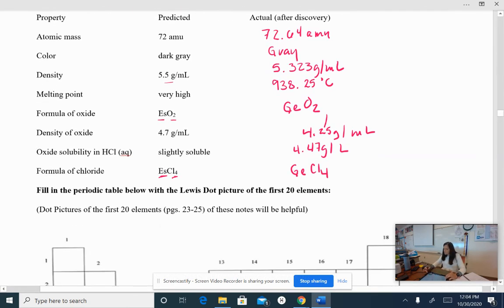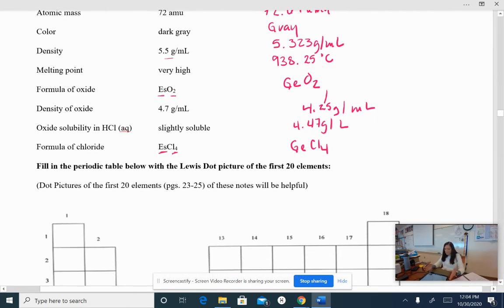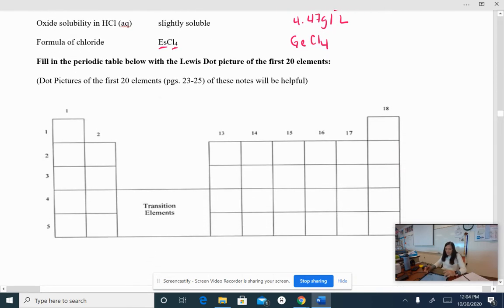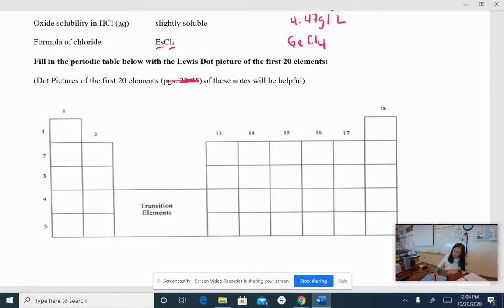Just case in point, we can know a lot of things just based on where things are located within the periodic table. I want you to take a minute or two, go back. I have the pages wrong on here. Go back to pages 49 through 51, where we did the Lewis dot pictures at the far right corner of the Bohr diagrams.